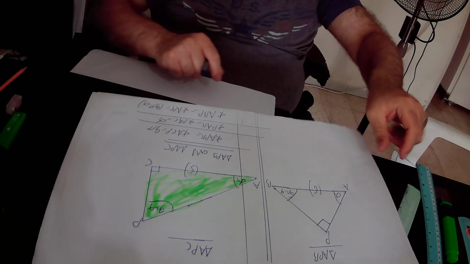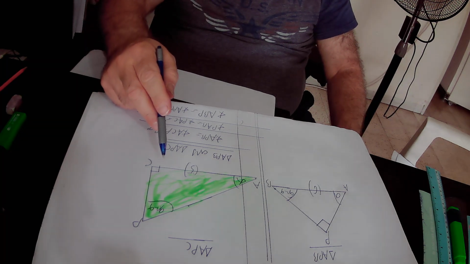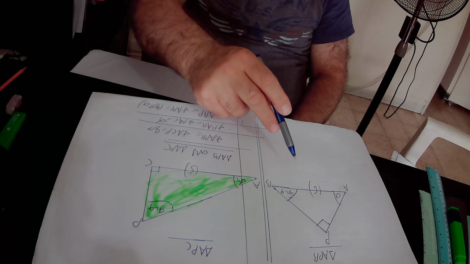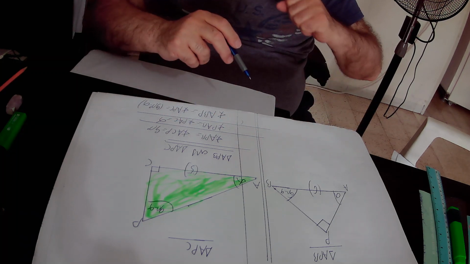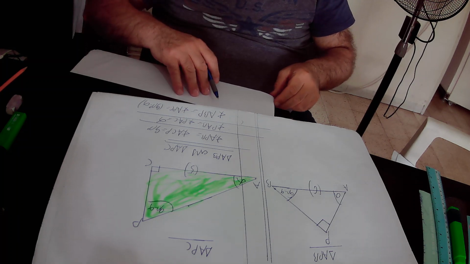So we found out that all the angles in the right triangle APC are correspondingly equal to all the angles in the right triangle APB. Therefore, those two right triangles are similar to each other according to the angle similarity rule. So I write it down.